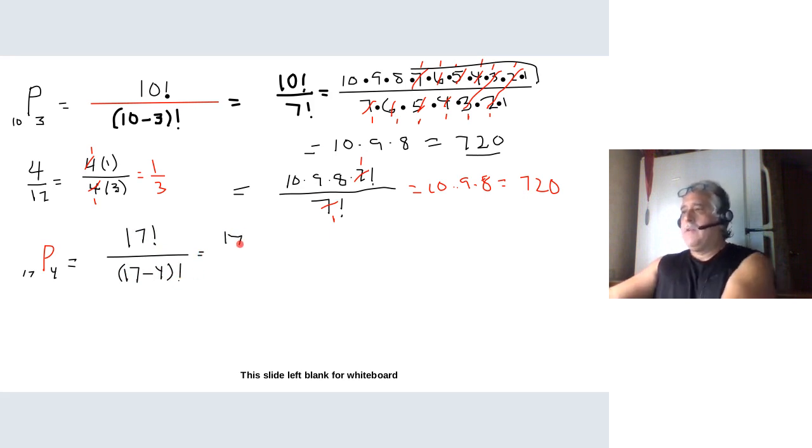So that's 17 factorial over 13 factorial. And you just got to remember, those are not just plain old 13s or plain 17s. They're factorials.